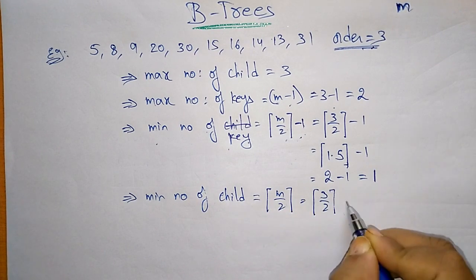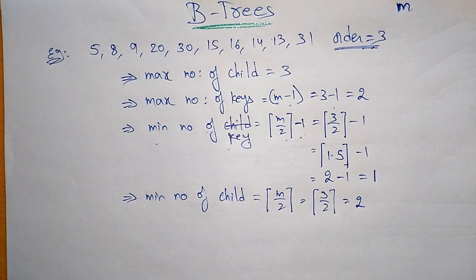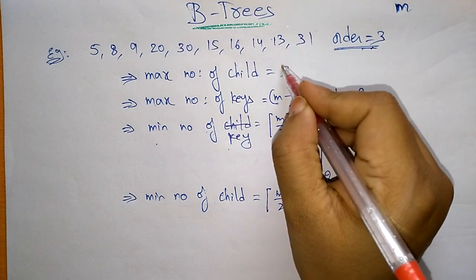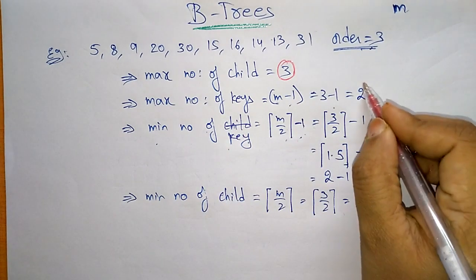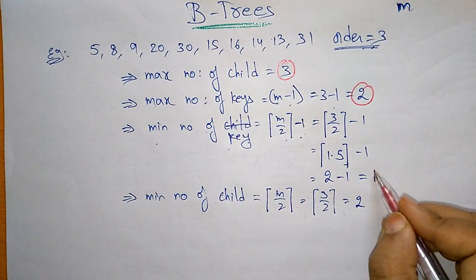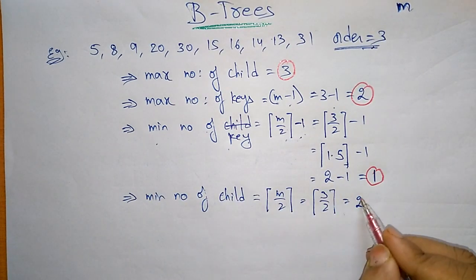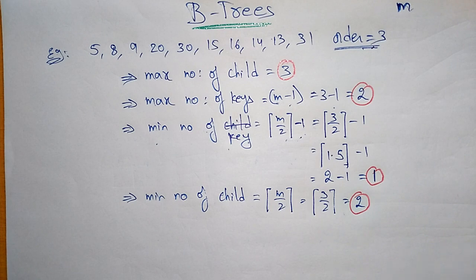The ceiling of 3 by 2 gives you 2. Okay, so the maximum number of children is 3, the maximum number of keys is 2, the minimum number of keys is 1, and the minimum number of children is 2. So these are the points.